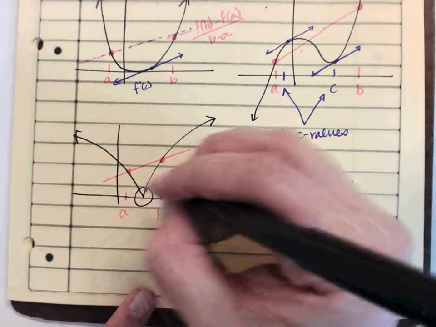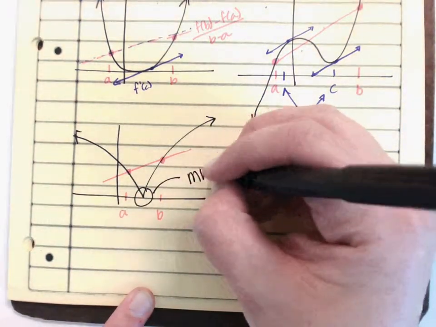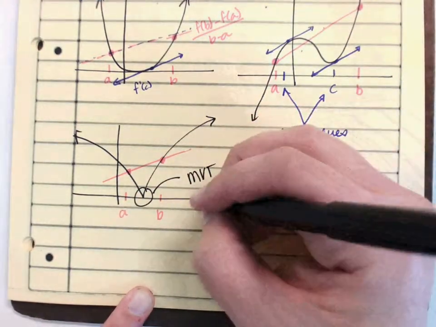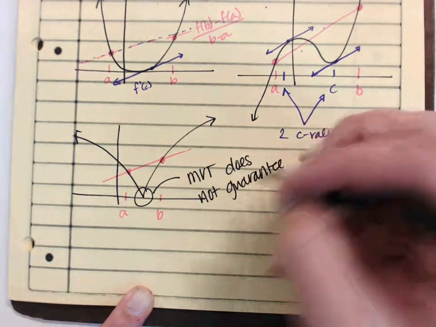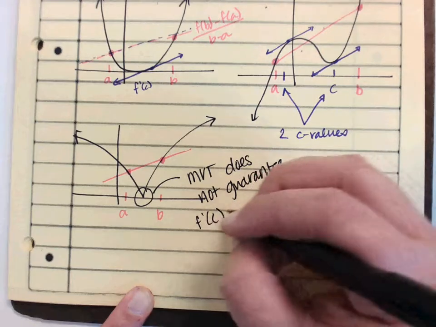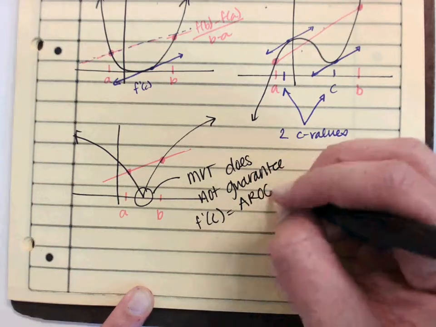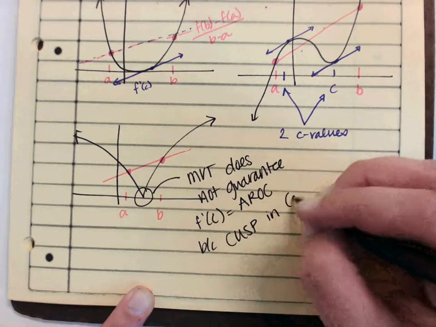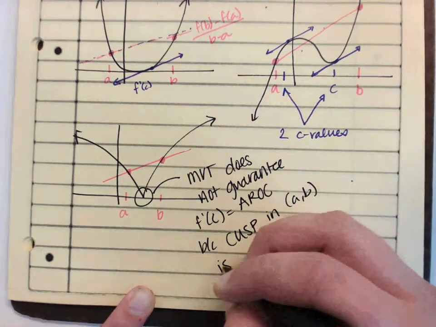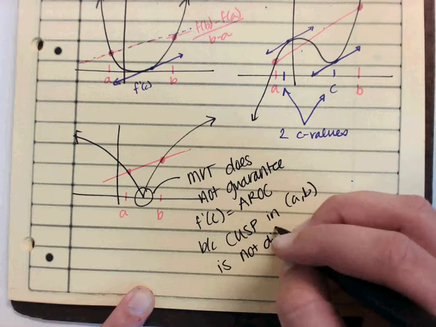Cusp. Very good. So I'm going to put MVT does not guarantee f prime of c will equal the average rate of change because the cusp in A to B is not differentiable.